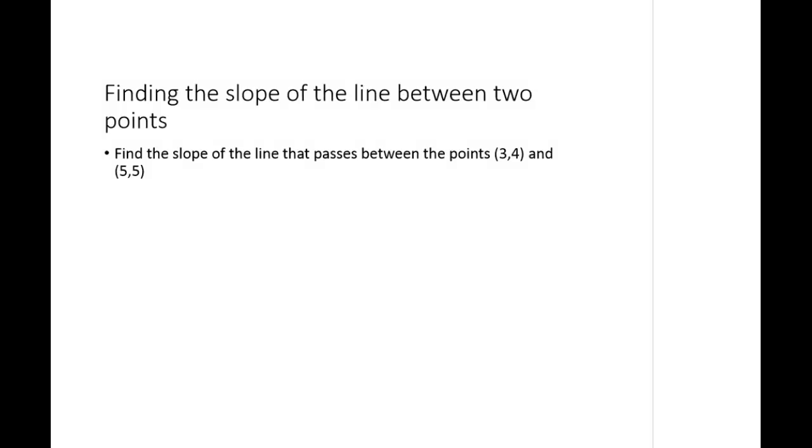Oh, good. This is something new that we were unable to cover last week. Finding the slope of the line that passes through 2 points. All right, the formula is m, which is the slope, is equal to y2 minus y1 over x2 minus x1.